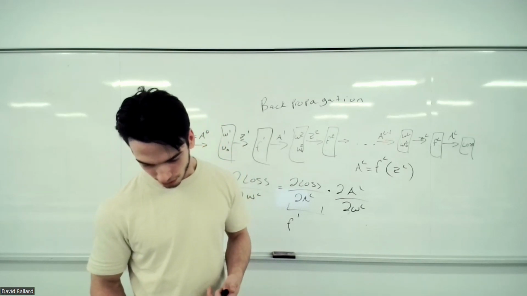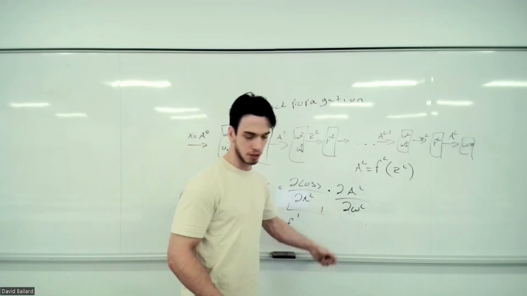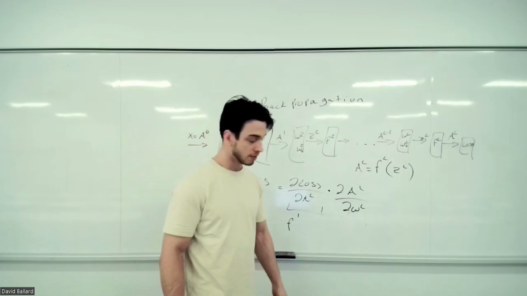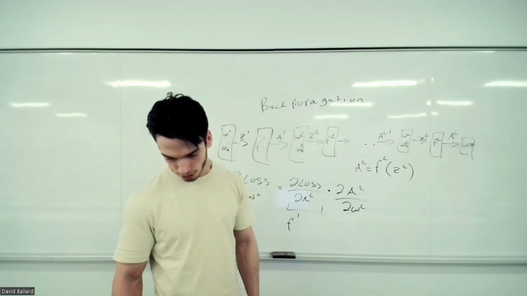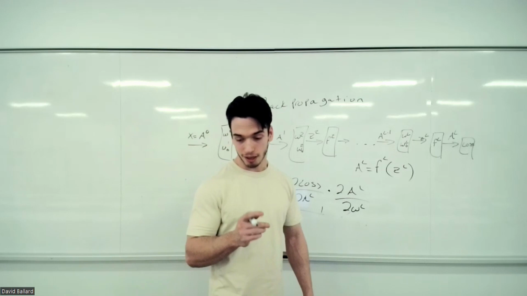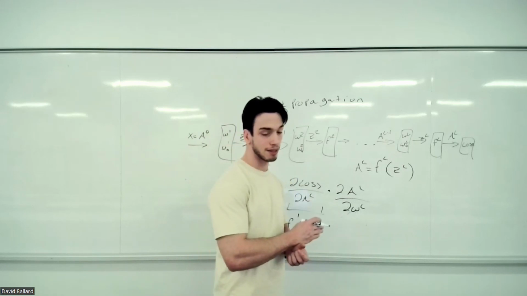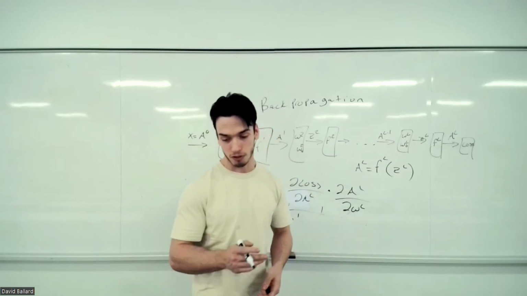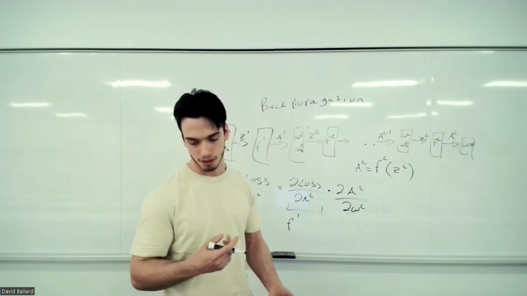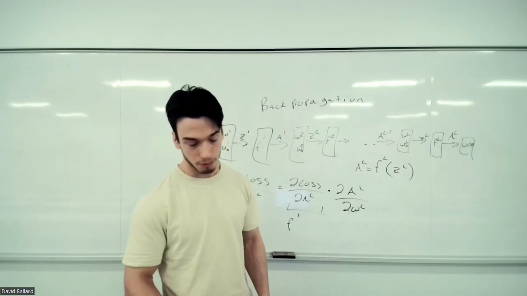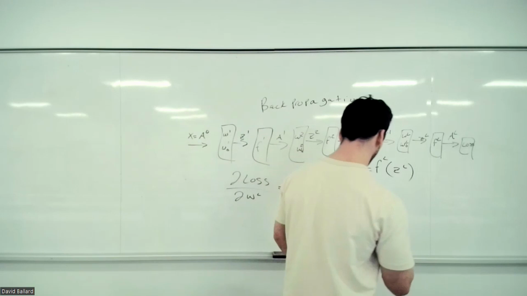Now, getting to this portion, it's a little more complicated. The change in our last activation with respect to our weight layer could be broken down further with the chain rule.